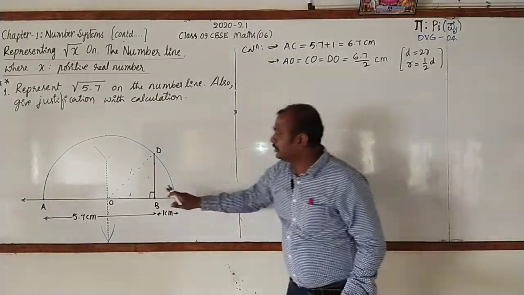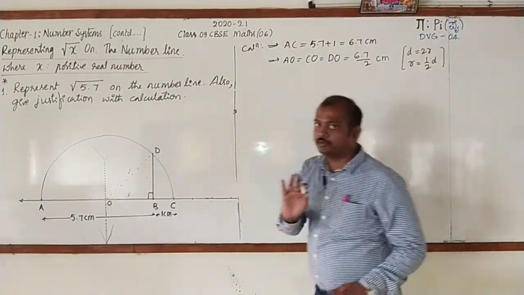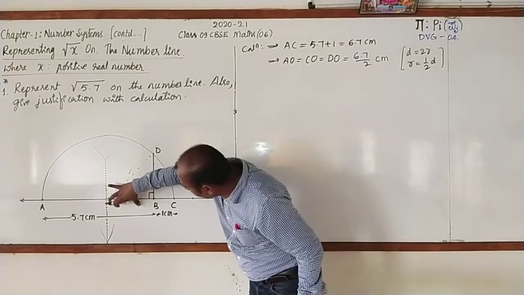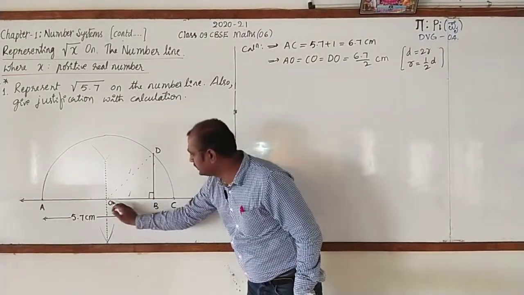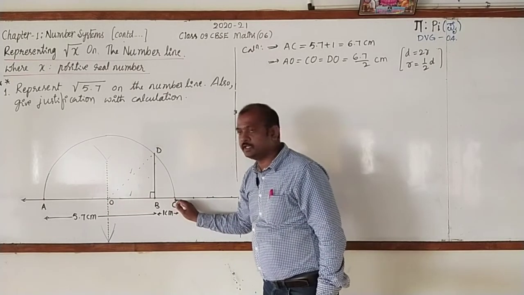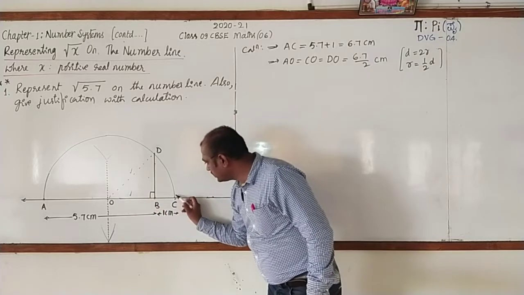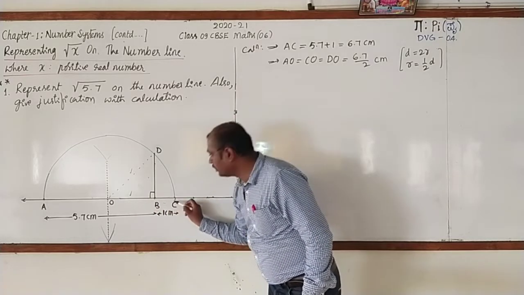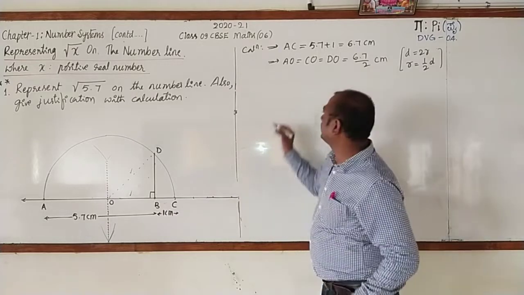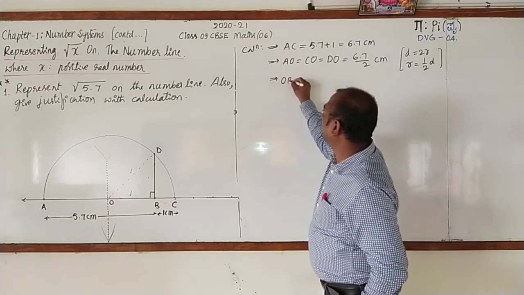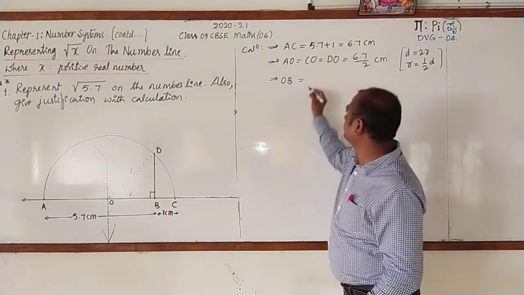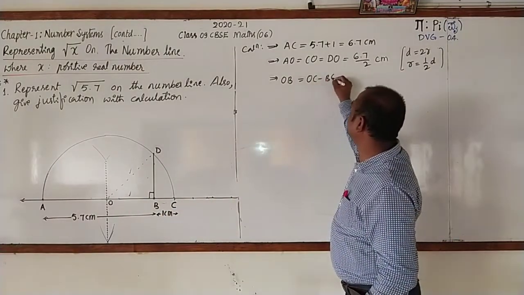Next, we got the length OD, right? Next, we want OB. How do you find out the length OB? See that? What do you call from O to C? This is the radius. In this radius, when you subtract 1 unit, you will get OB, right? Here I write OB is equal to OC minus BC.